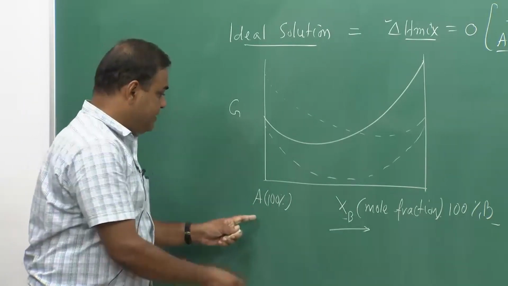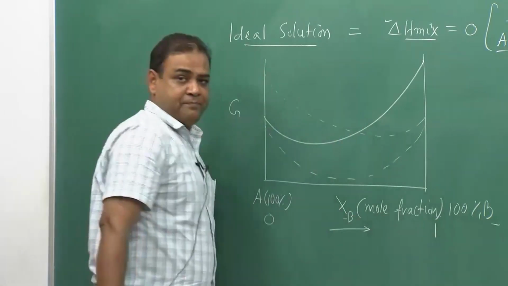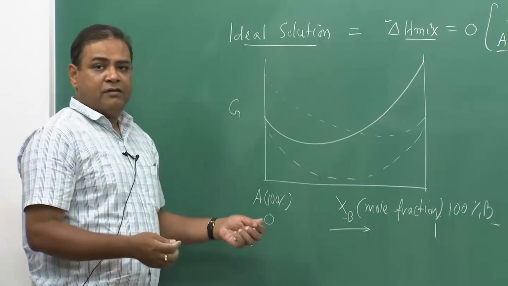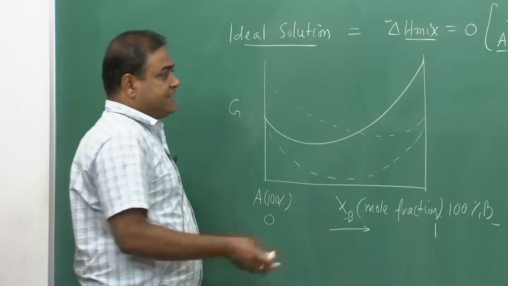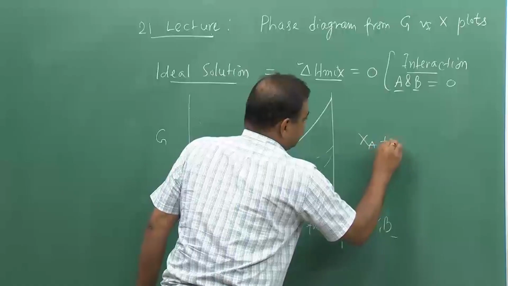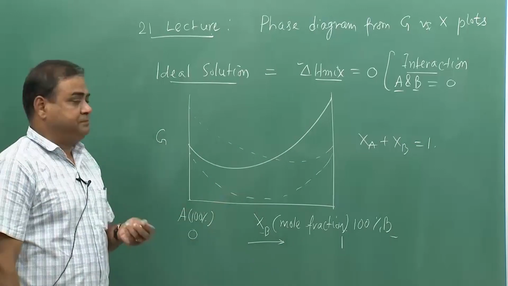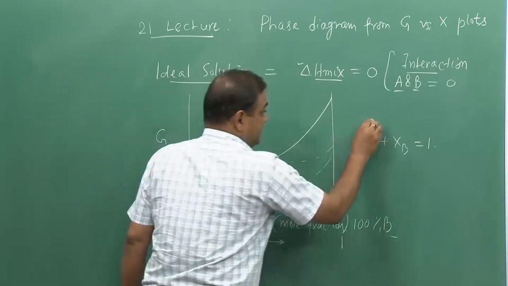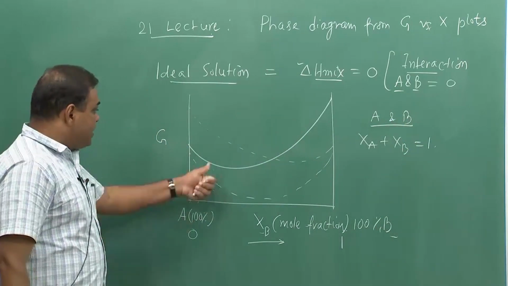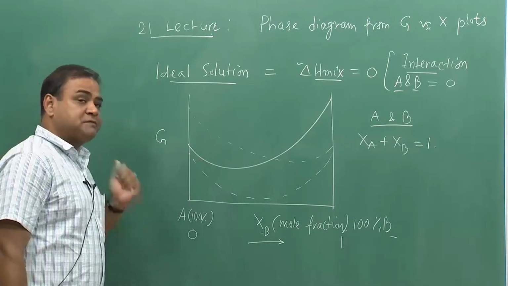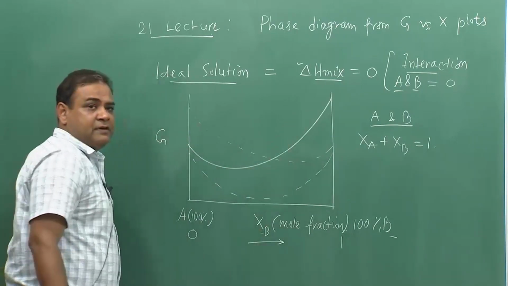So Xb would be 0 here and Xb would be 1 here, because finally when both are mixed, Xa plus Xb equals 1, since it is a fraction.